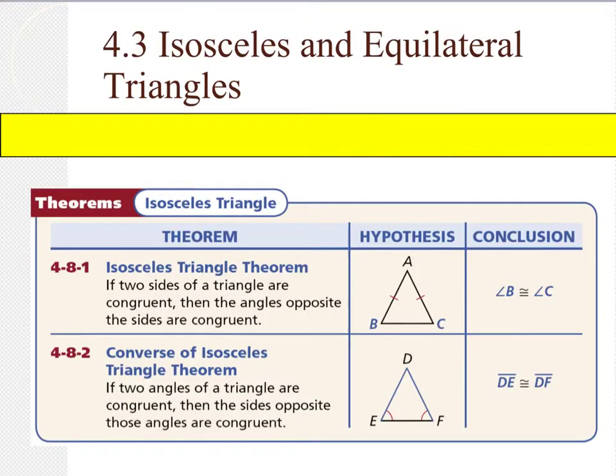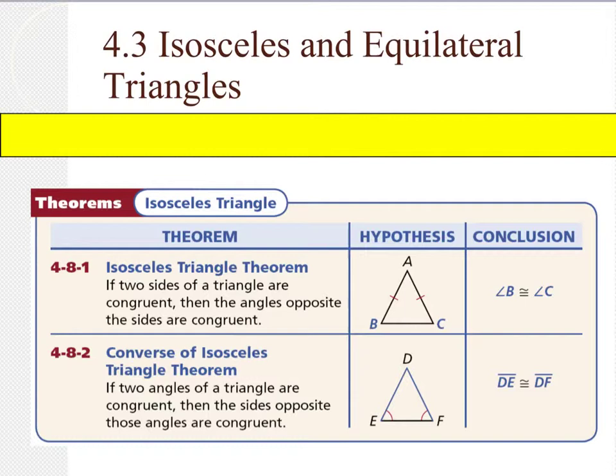Okay, two theorems I want you to know. The isosceles triangle theorem: if two sides of a triangle are congruent, then the angles opposite of the sides are congruent. Conversely, the exact opposite: if two angles of a triangle are congruent, then the sides opposite of those angles are congruent.